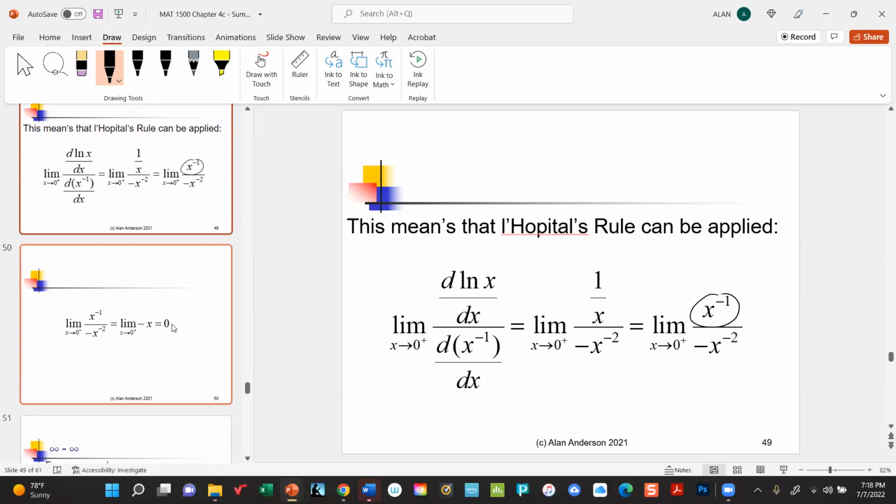When you have something like this, you can subtract the exponents.